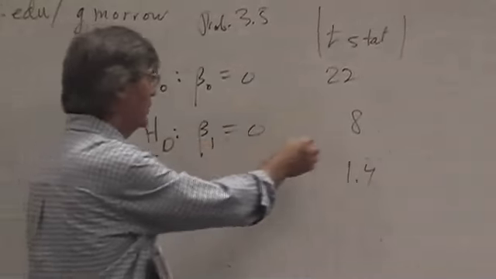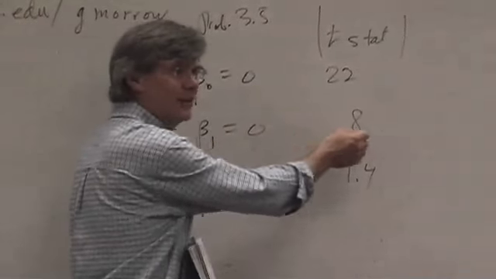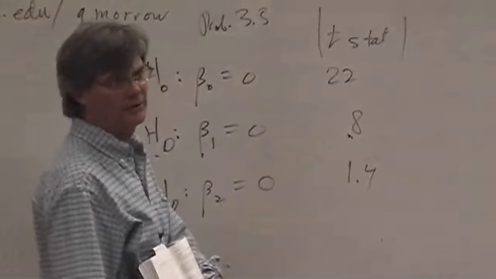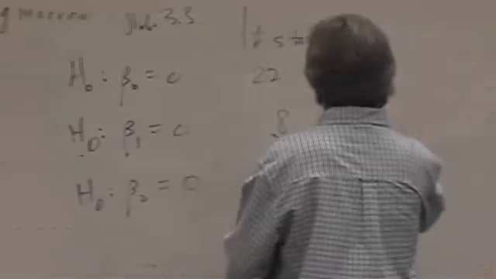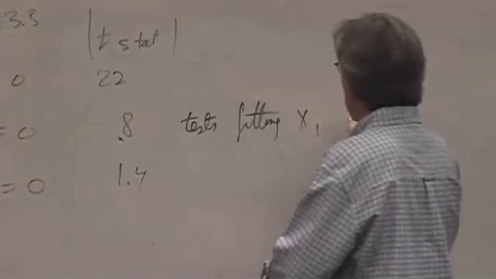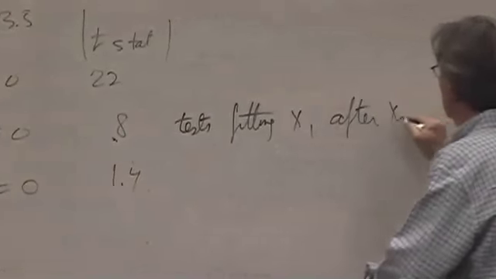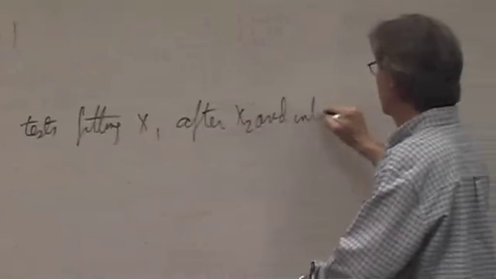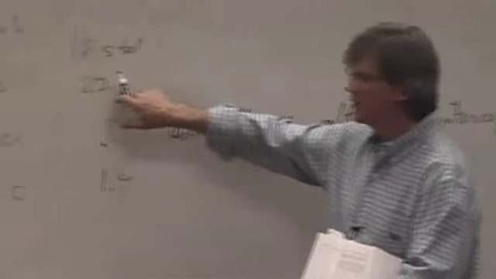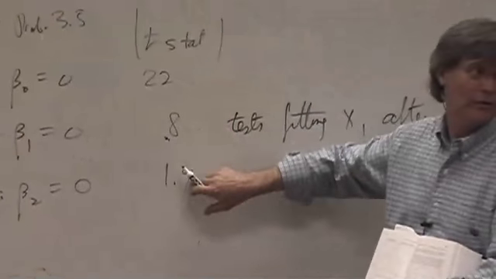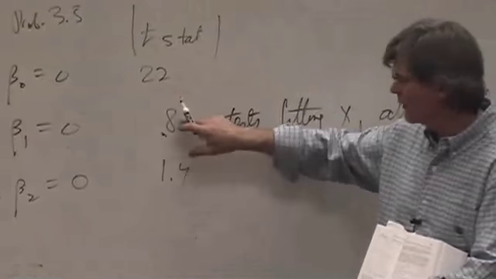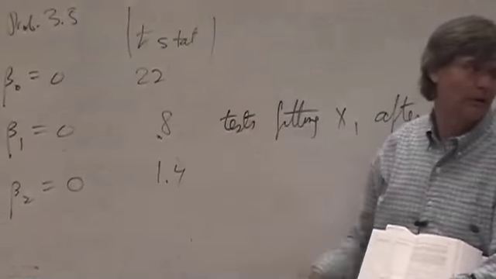That's actually what this t statistic tests: fitting x1 after x2 and the intercept. And that goes for all of these t statistics. So this tests the intercept after you fit x1 and x2. And this tests fitting x2 after you fit x1 and the intercept.